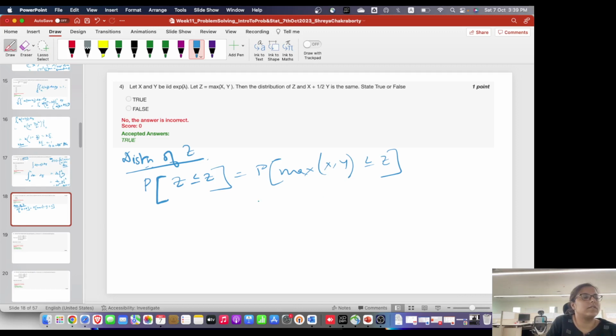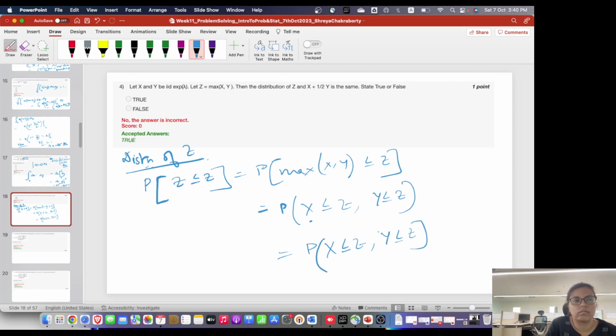If the maximum is less than z, then X is less than z and Y is also less than z. And since X and Y are independent, we can write it as the probability X is less than or equal to z times the probability Y is less than or equal to z.